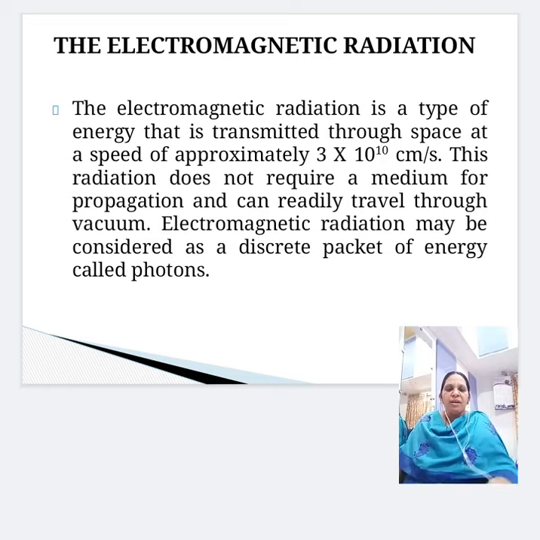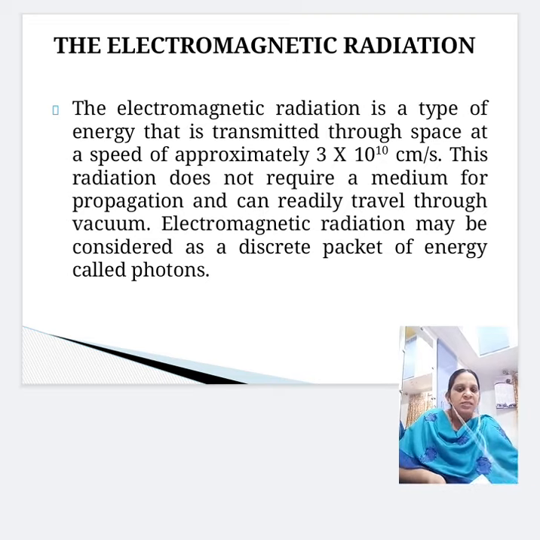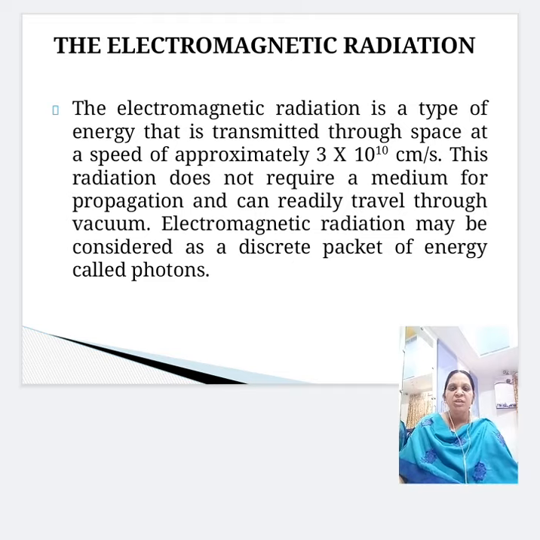So, electromagnetic radiation is a type of energy that is transmitted through space at a speed of approximately 3 into 10 power 10 centimeters per second.